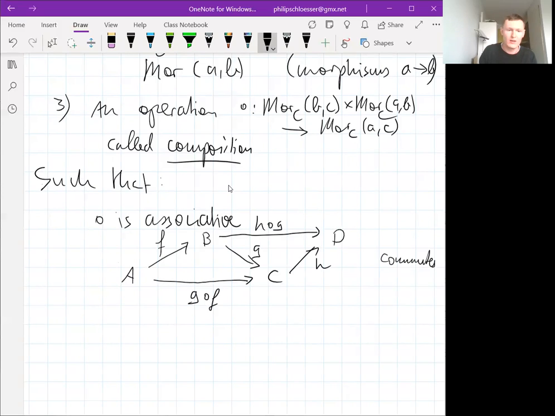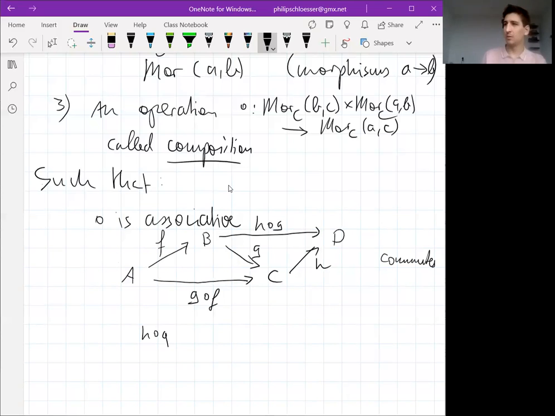That means that if I go along this path and then along this path, you get the same as if you go along this path and then this path. Or if I really want to write it out, sorry, we can't see your mouse moving. So if you want to indicate something, I guess. Okay. Yeah.